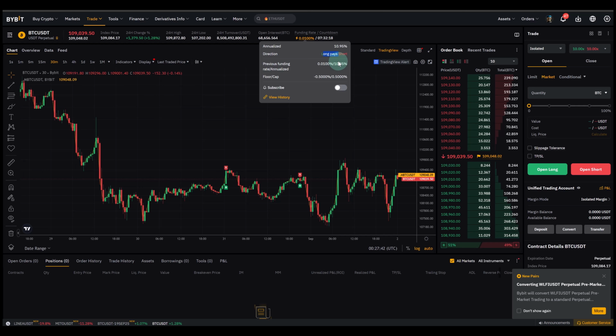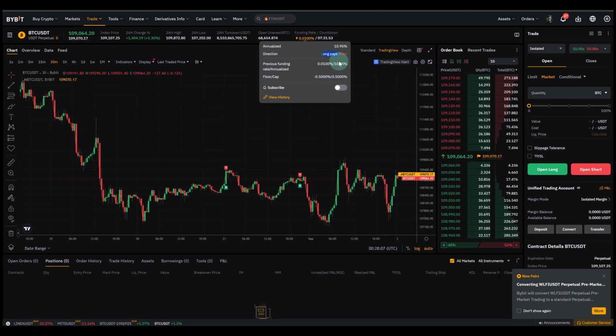So here on the trading screen, obviously you see the funding rate displayed at the top of the order book. Bybit settles funding fees 3 times a day. Every 8 hours at, well, midnight, 8 a.m. and 4 p.m. UTC.